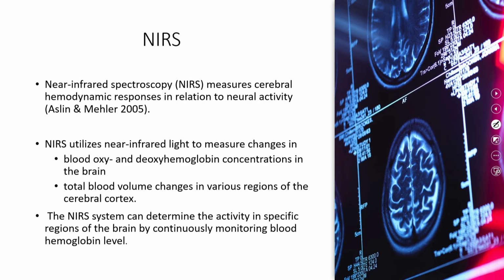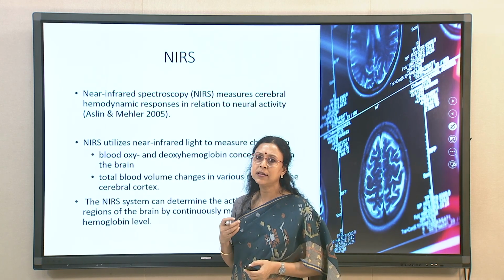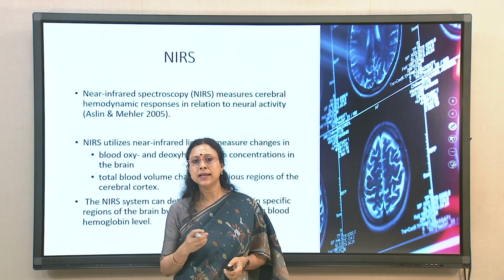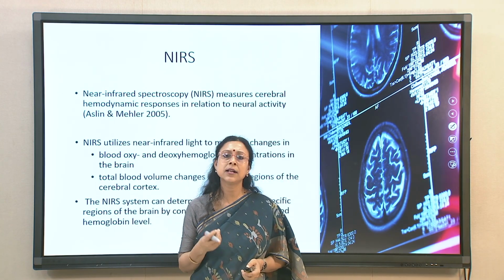Total blood volume changes in various regions of the cerebral cortex as a response to various kinds of tasks. So, this system can determine the activity in specific regions of the brain by continuously monitoring the blood hemoglobin level. It is a similar kind of machine, but here they check the hemoglobin level. Hemoglobin level has a direct connection to the oxygen level.